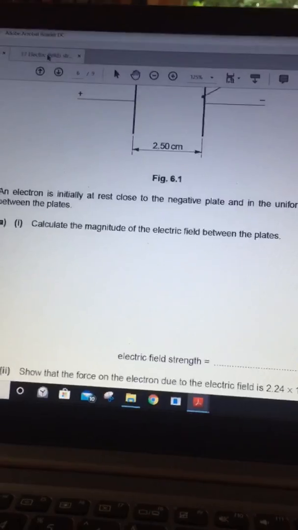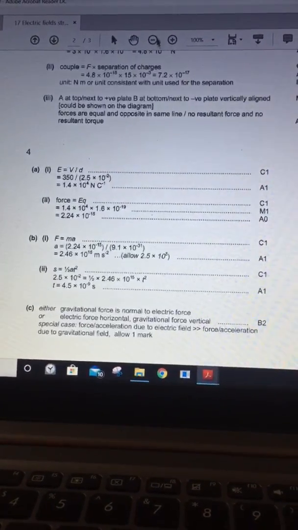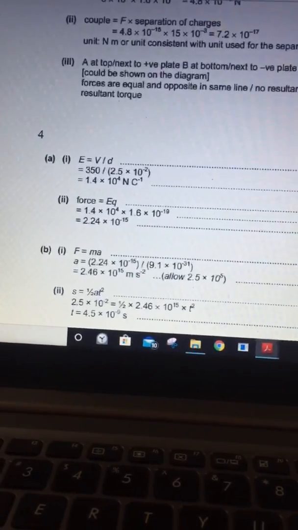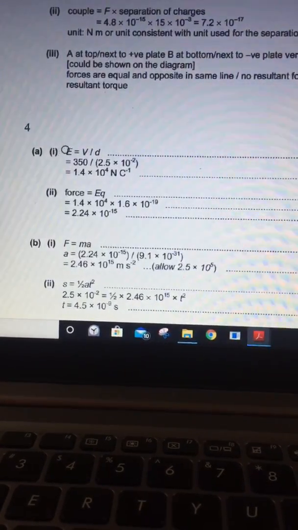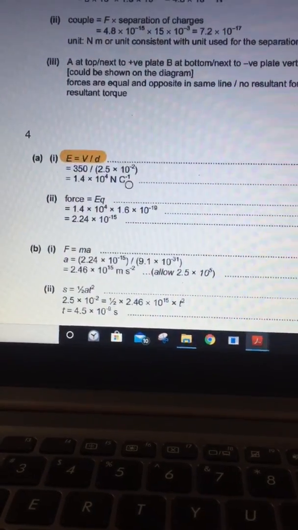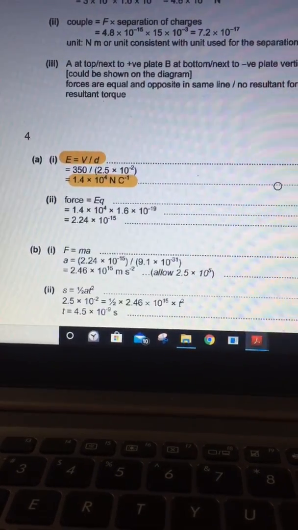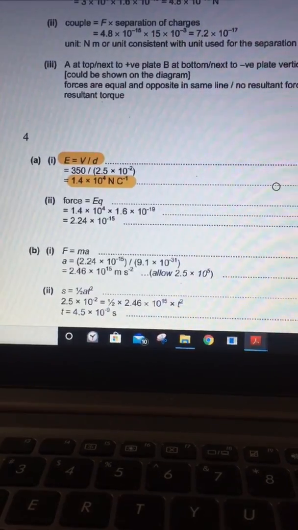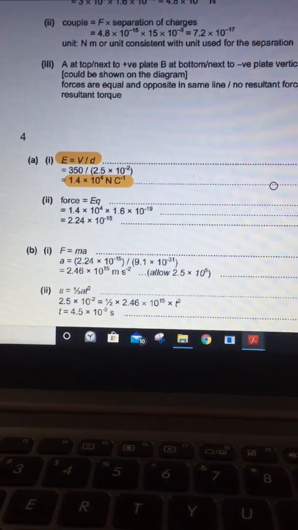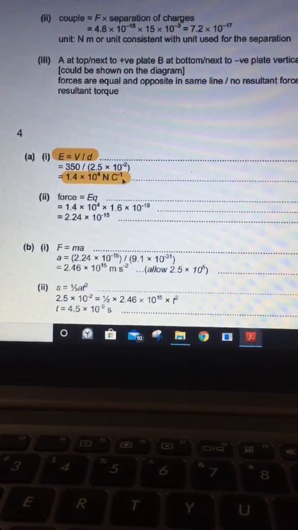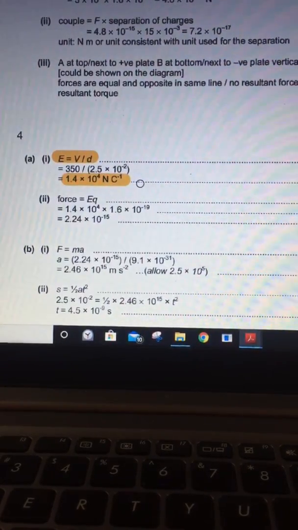The voltage is given. So you apply E is equal to V over D and you find the electric field strength in Newton per coulomb, or you can give it in volts per meter.